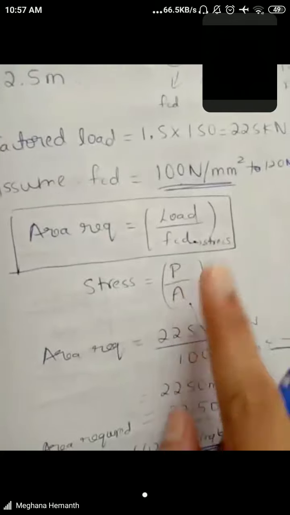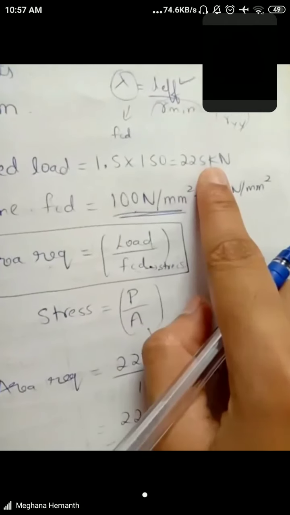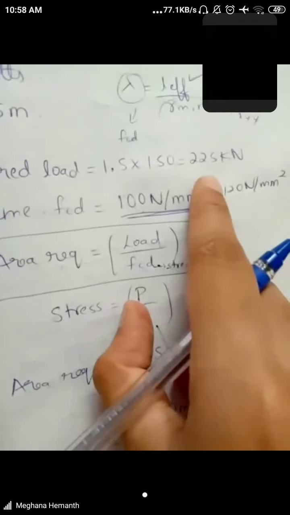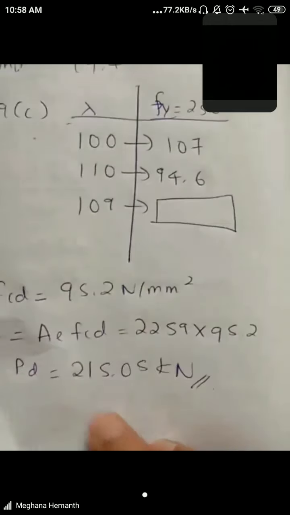Because you know in the question what load you have got. The total factored load you have got is 225 kilonewton, or this much load is actually coming on my angle section. But once I design the section, what I'm getting is a design compressive load of 215.